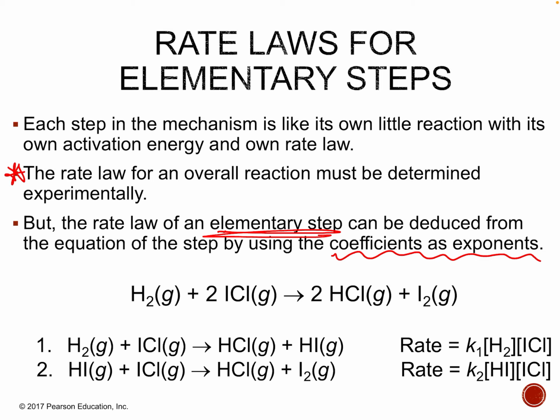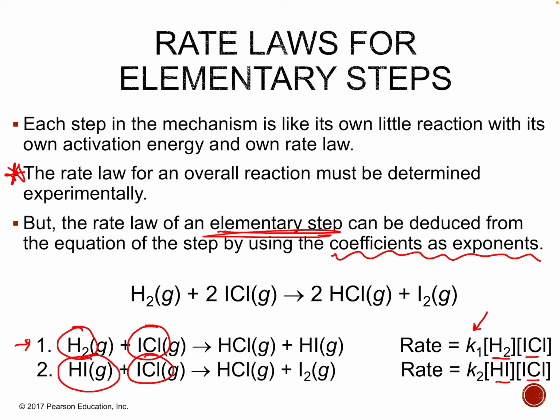So if we look at this first step here, our rate is going to be the concentration of hydrogen times the concentration of ICl, right? So we have hydrogen, ICl. And our second one, we have HI reacting with ICl. You see now that our k values, our rate constants, have numbers that go with them.